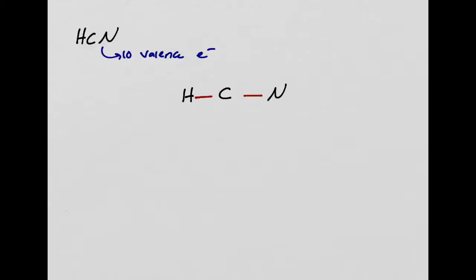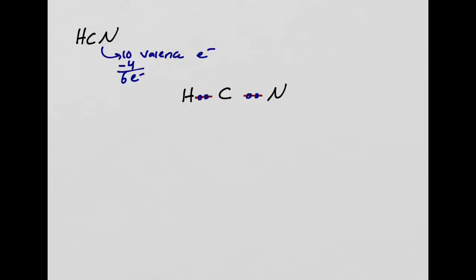I draw a bond between the center atom and each surrounding atom. Now I've already put down 4 electrons: 1, 2, 3, 4. 10 minus 4 is 6 electrons left, okay?